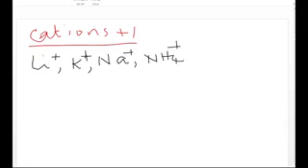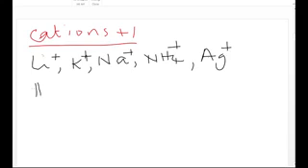Please note the name that I'm writing. Li plus is lithium ion, K plus is potassium ion, Na plus is sodium ion, NH4 plus is ammonium ion. It's not ammonia, it is ammonium ion. Take note of that. We have Ag, that is silver ion, most times plus.